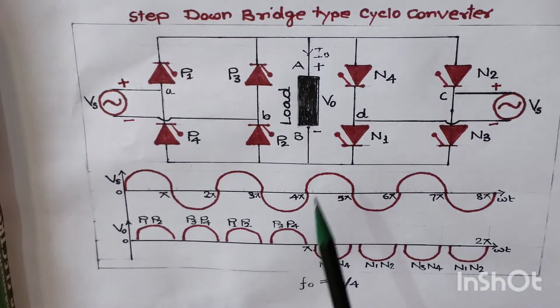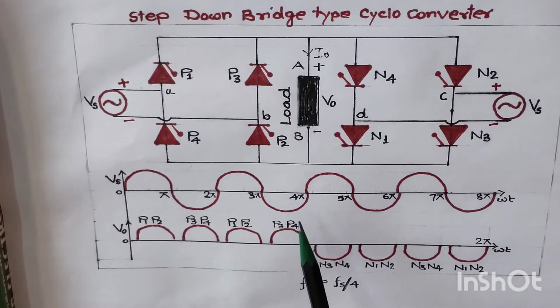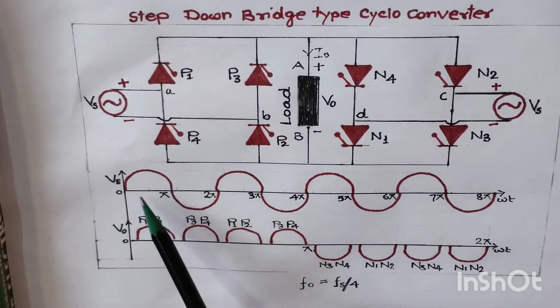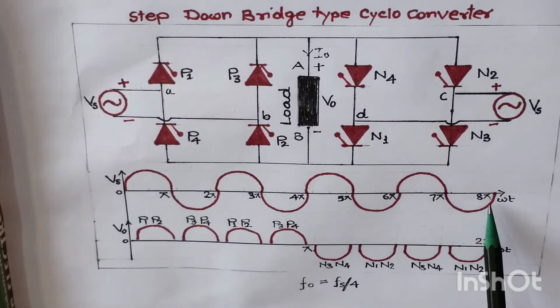In this type of cycloconverter, our motive is to design a circuit so that we can step down the frequency of the output voltage. Here we have taken a 4-cycle input supply frequency, shown with the help of waveforms from 0 to 8 pi.